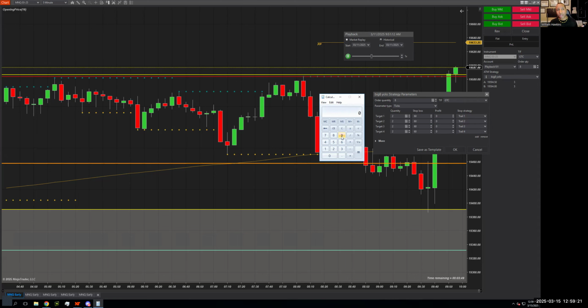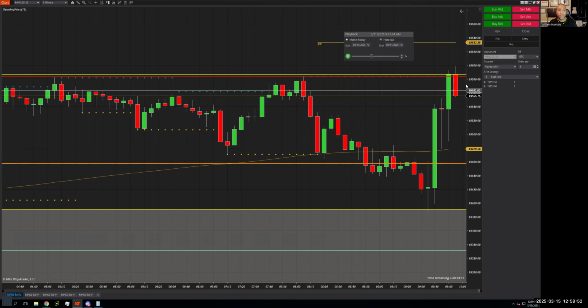But this is micros. You're not going to break a 30% consistency rule trading micros, because 60 ticks times $4, I'm only risking $240 with this setup right here, because there are eight micros.